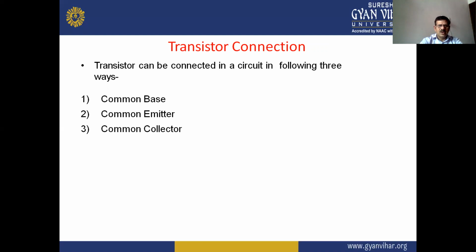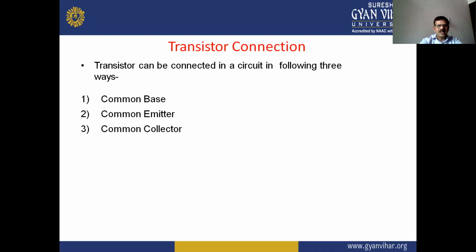So what is the common base connection? In the common base connection, the base is common between the input signal and output signal. What is the common emitter connection? The emitter is common between the input terminal and the output terminal.